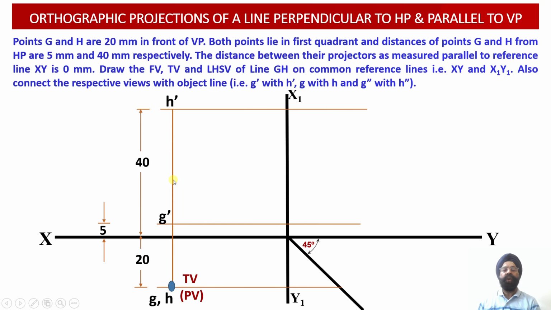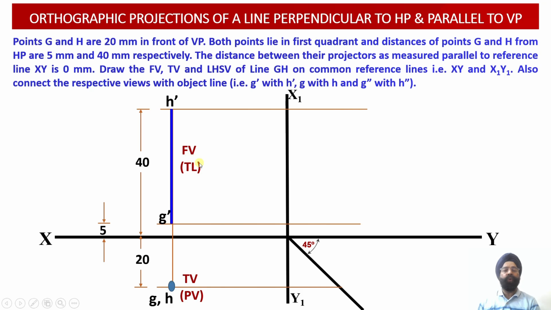On this vertical projector line, we have identified the points G dash and H dash corresponding to the line GH in the front view projections onto the vertical plane. Once we have joined these two points G dash and H dash, we can mark that this distance is the true length of the line GH as represented in the front view projection G dash H dash over here.